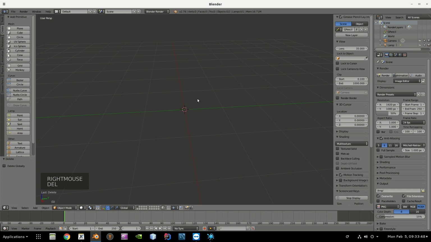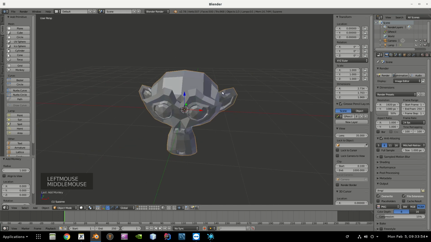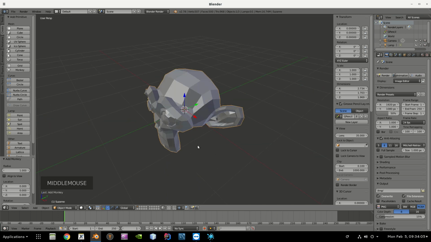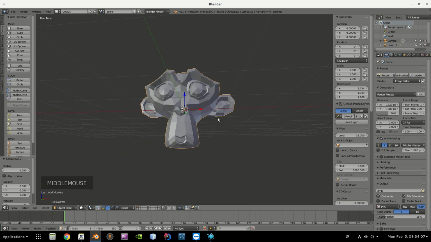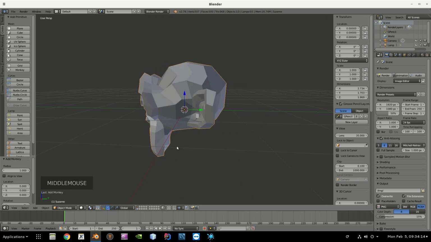So if you're given any sort of shape, let me start with a very basic one again. We can start with the cube, but before going that, let me show you a cool little thing. We have a monkey head by default given to us in Blender. You can invoke that, and that also shows you that at the end of the day, everything is a polygon mesh. This monkey head is not a cube.